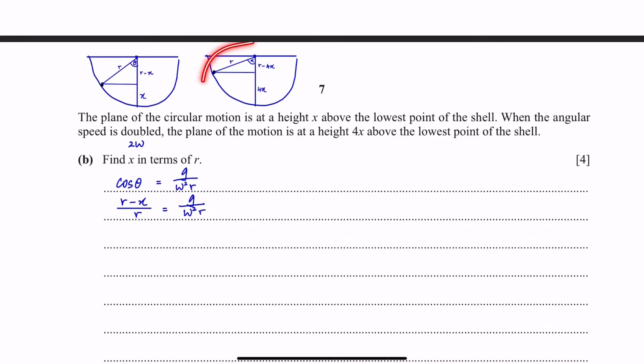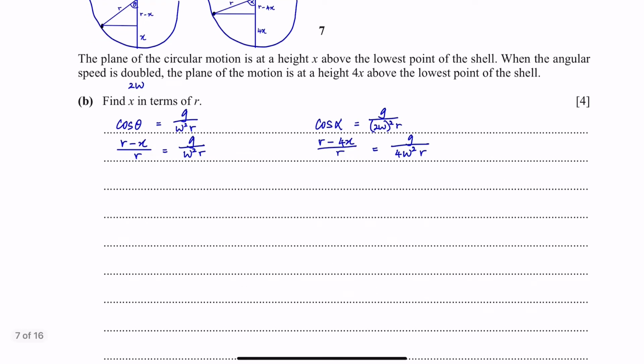And in the second situation, we can write cos alpha equal to g over, okay, now we have to sub omega as 2 omega. So it's not 2 omega square, but instead it's bracket 2 omega square the whole bracket times r. So cos alpha, similarly we have r minus 4x over r, right? And on the right hand side we have g over 4 omega square r.